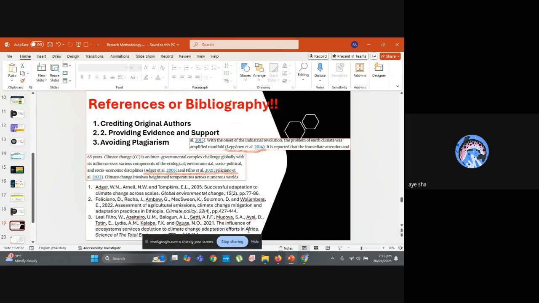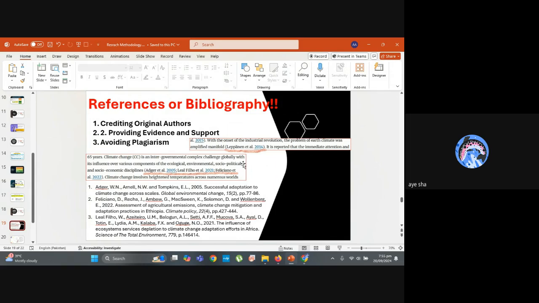Now, how would you do that? First, you can see two boxes over here outlined in red, right? In the first box, you see the statement: with the onset of the Industrial Revolution, the problem of the Earth's climate was amplified manifold. And then he has cited this person, Lepanin et al., 2014. I hope I'm pronouncing it right.